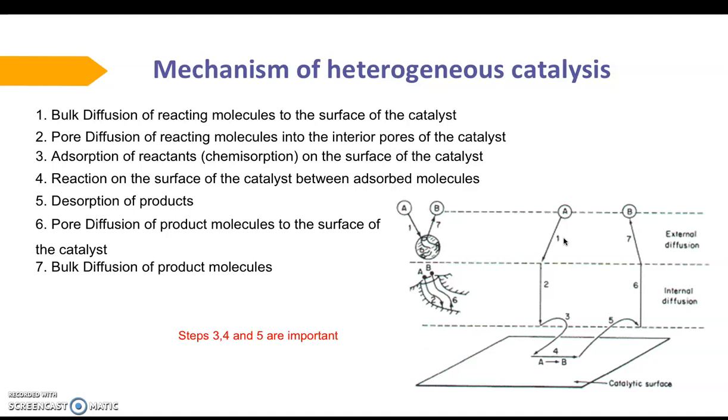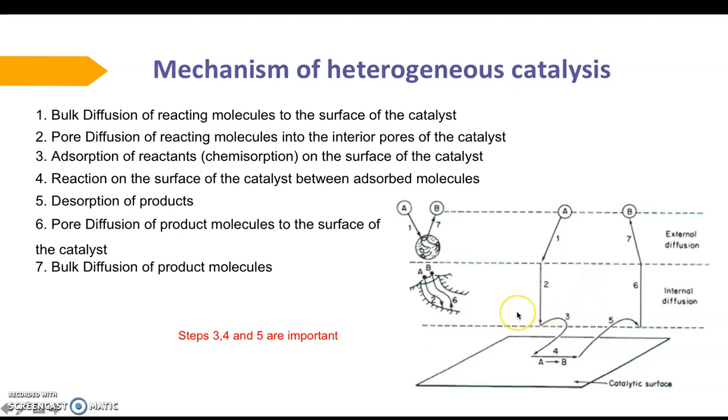Later we will go deeply into what diffusion is, but in this chapter it is important for you to understand these 7 steps. The first one is external diffusion, where reactant A goes to the surface of the catalyst. The second step is pore diffusion or internal diffusion. When the reactant has arrived at the surface of the catalyst, it goes through the interior pores of the catalyst. This is for porous catalyst.